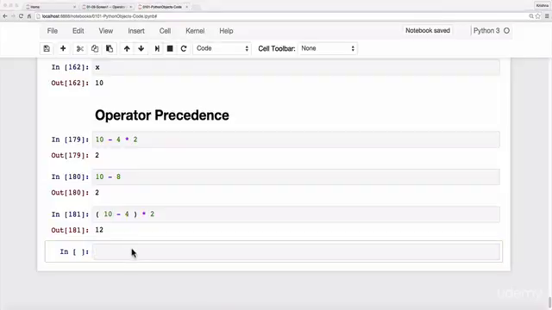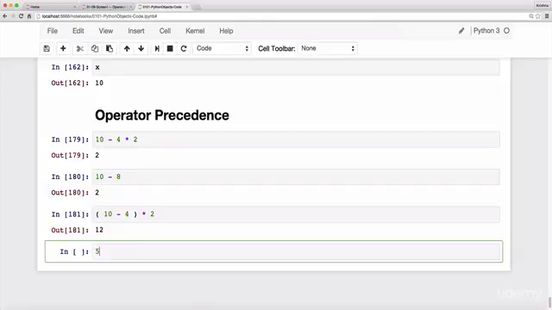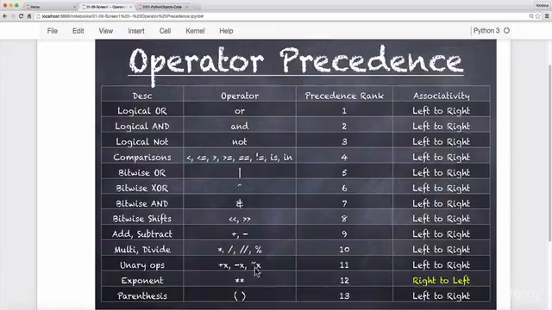Let us see one more example. Let us say we have an expression like 5 star 2 floor division 3. Let us see the precedence. We have two operators here: one is a star and one is a floor division. They both have the same precedence, the same ranking of 10.